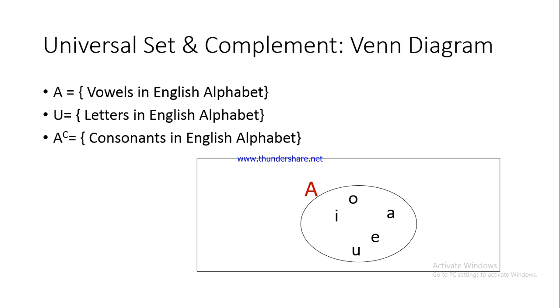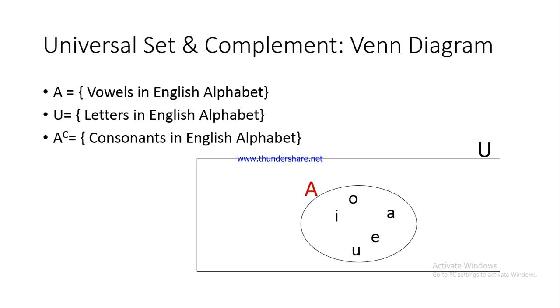Here we are talking about the English alphabet, so all the elements in the English alphabet, including the vowels which are the elements in set A, would be part of the universal set. That is why the box that shows the universal set U is encircling the circle which is denoting the set A.